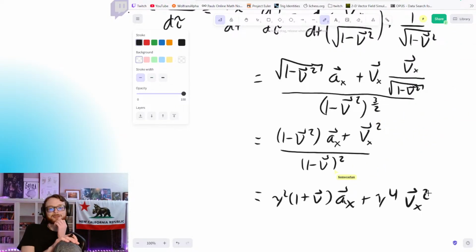Yeah, that doesn't look that clean. Oh, there is a squared missing there, isn't there? Oh wait, maybe I just dropped that squared.